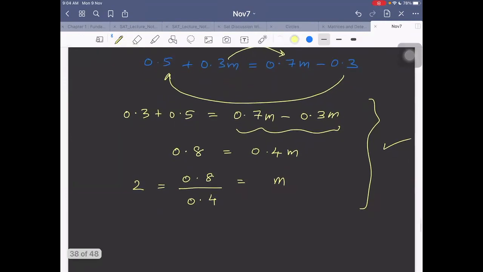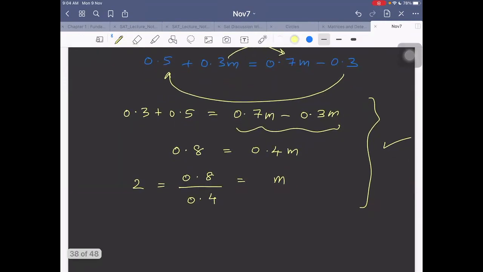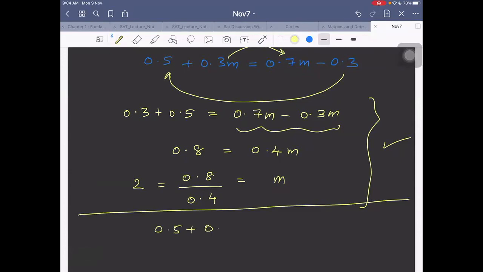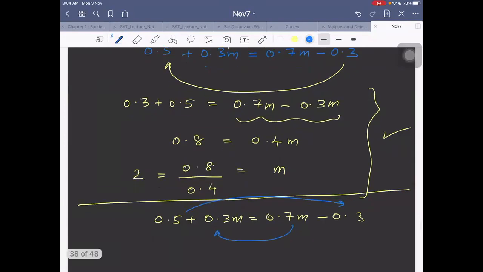On the other hand, if you had taken 0.7m to the other side, I'll write the question once again. 0.5 plus 0.3m is equal to 0.7m minus 0.3. Now, if you had taken 0.7m to the other side and 0.5 to the other side, what would have happened?